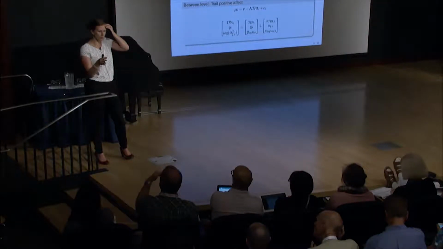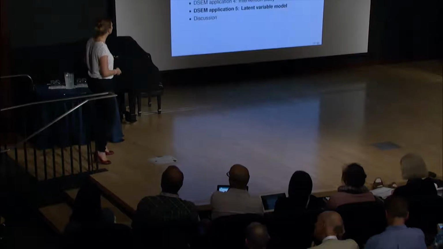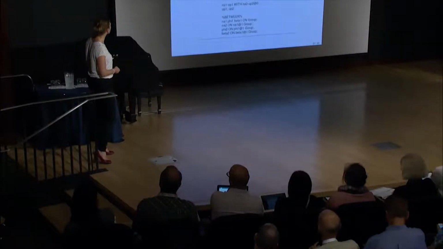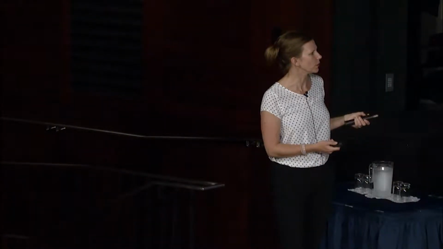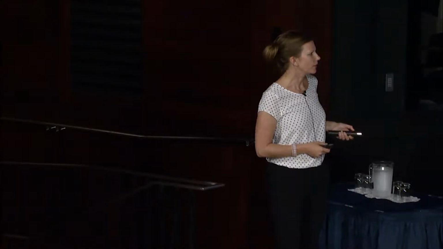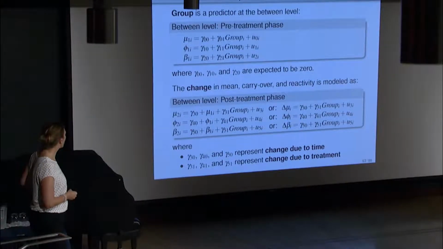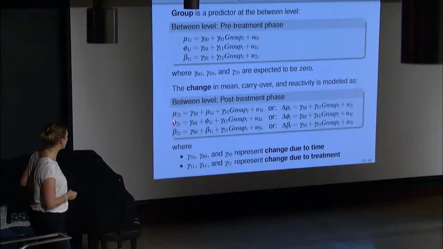A between person variable. So in the treatment model that I discussed, like this one, as you see, the only predictor that I have is group at the between person level. I predict the means, the autoregression, and the random slope here.